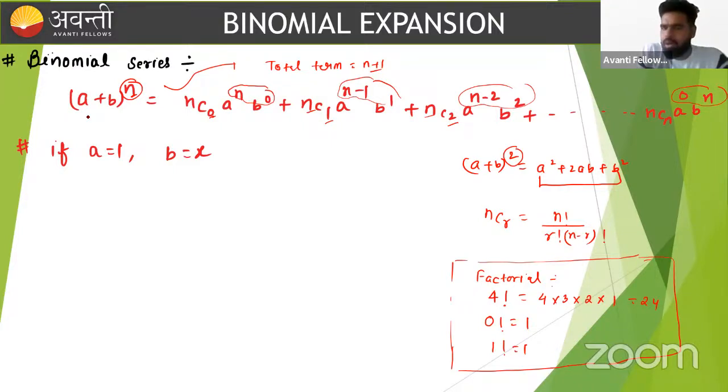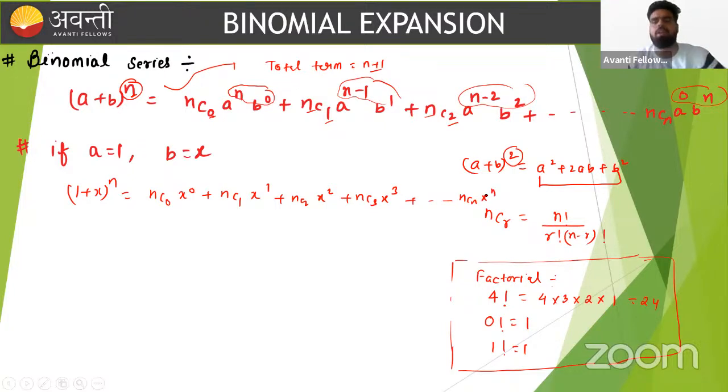What is important for us is this: if a equals 1 and b is x, then for such a term, (1 plus x) raised to power n, if we put these values here, what we get is nC0 times x to the power 0, plus nC1 x, plus nC2 x square, plus nC3 x cube, and so on, up to nCn x raised to power n.